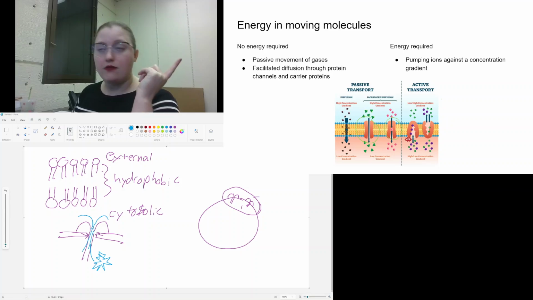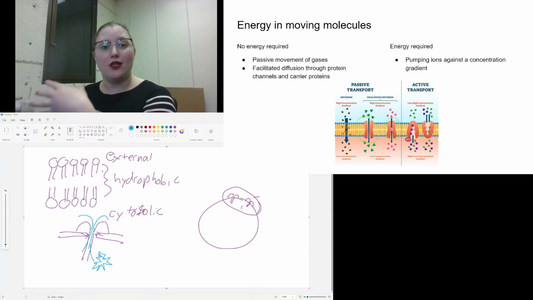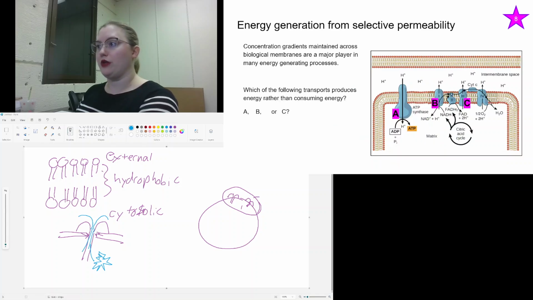Where we do see active transport is with ions. You did this in your lab exercise. Ions get pumped against their concentration gradients in order for us to be able to do certain cellular energy generating activities. It takes energy to move things against their concentration gradient.